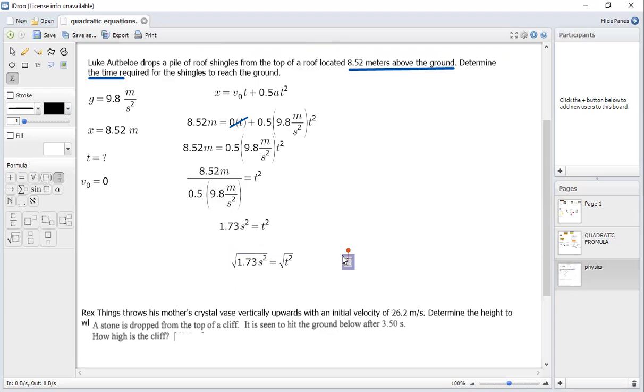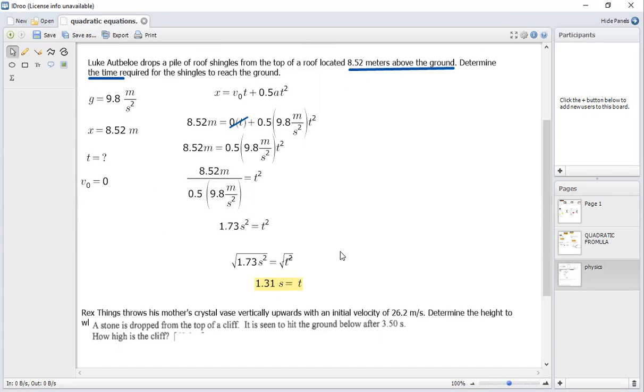Look, now we cancel the power of 2 with the root, so please take the square root of 1.73 and give me the answer. 1.31. 1.31 seconds, right? This is the time. And this is the answer.